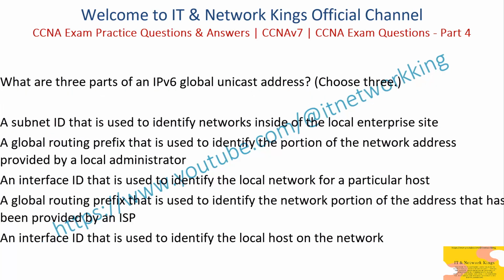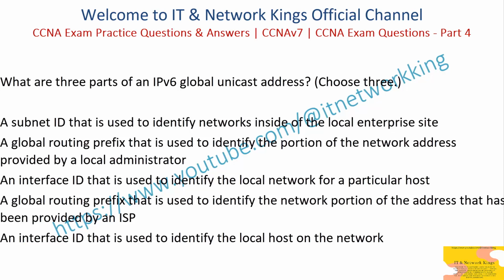What are 3 parts of an IPv6 global unicast address? Choose 3. A subnet ID that is used to identify networks inside of the local enterprise site. A global routing prefix that is used to identify the portion of the network address provided by a local administrator. An interface ID that is used to identify the local network for a particular host.